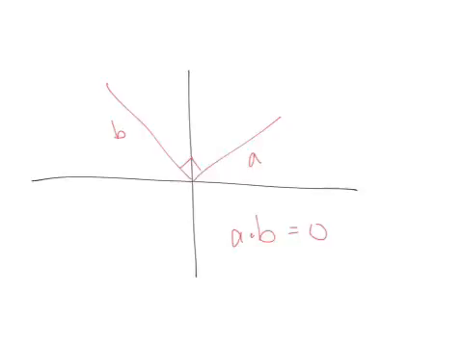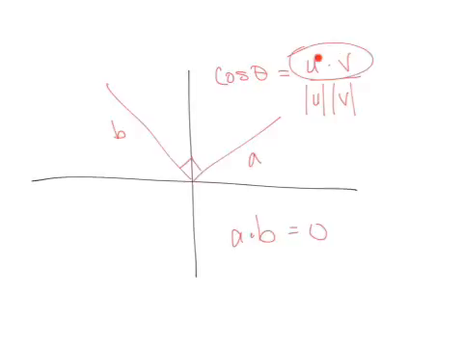So that makes it a little bit easier because the formula is the cosine of theta equals u dot v over the product of the absolute values. If I know this is a positive number, I don't know what my angle is going to be, but I know it's acute, less than 90. And if that number that I get here is negative, my angle is going to be obtuse.